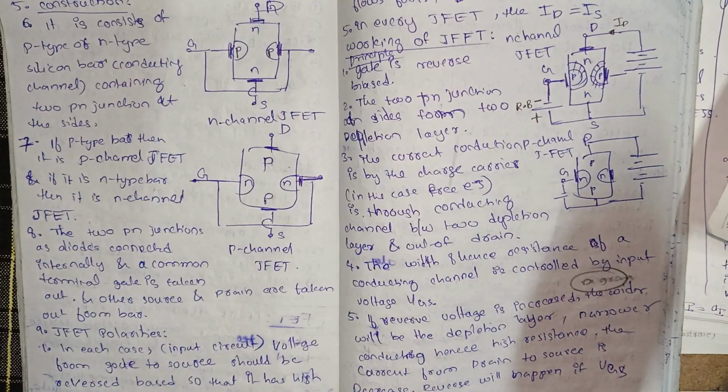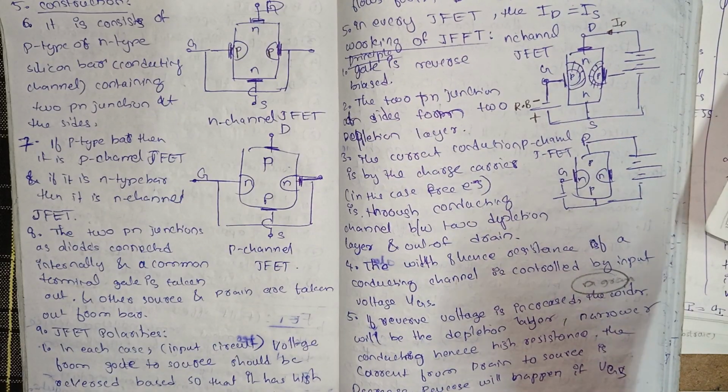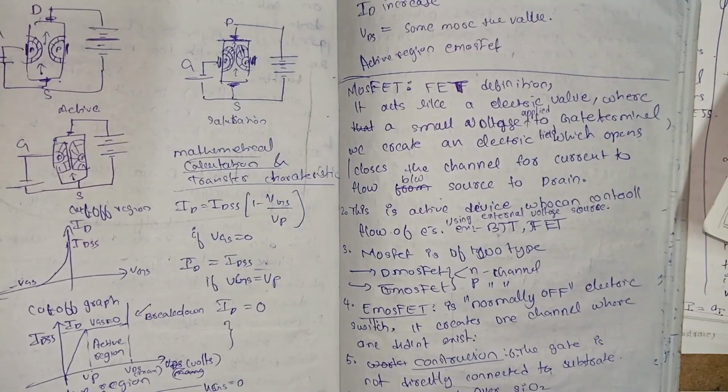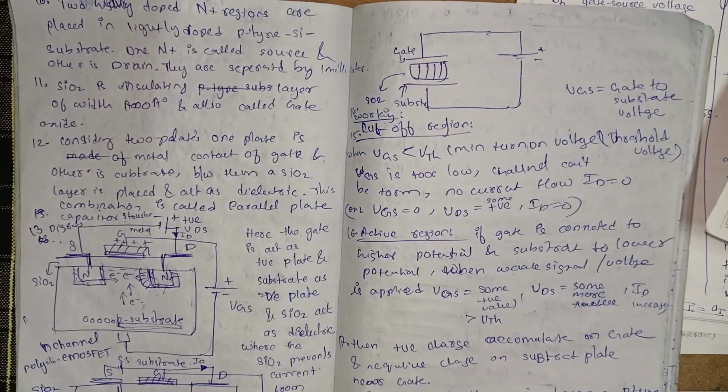Then we will see the construction of D MOSFET and E MOSFET. Here is the gate.